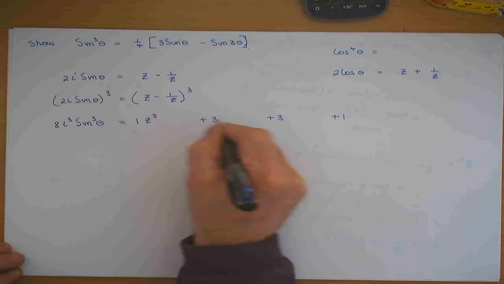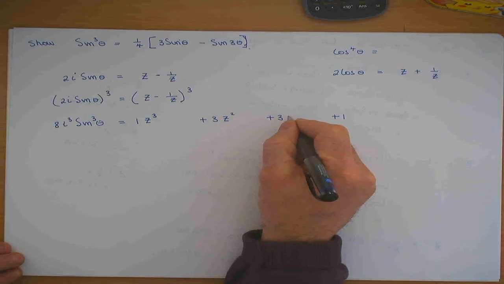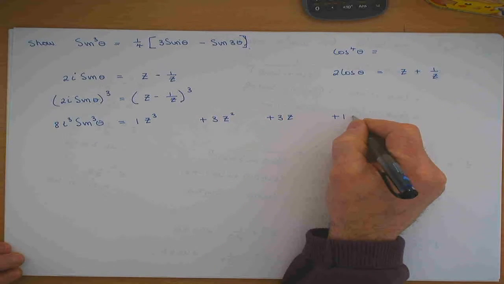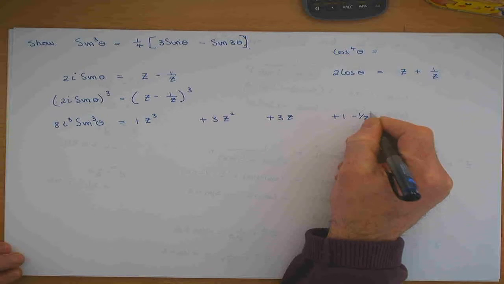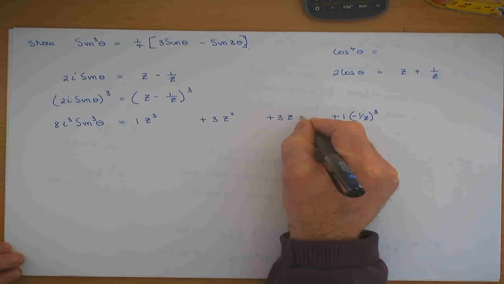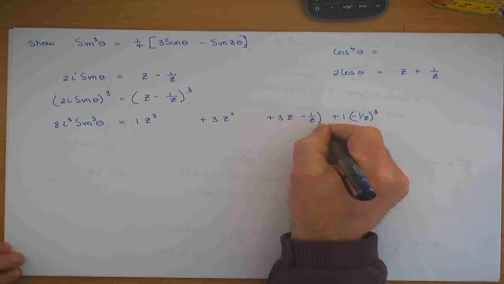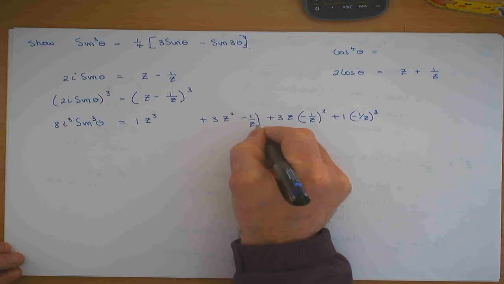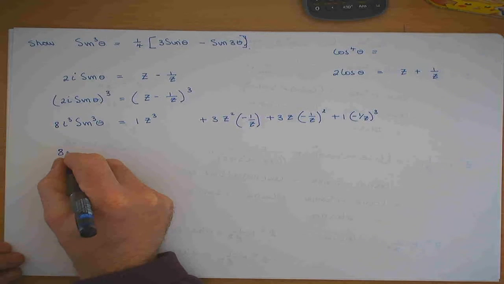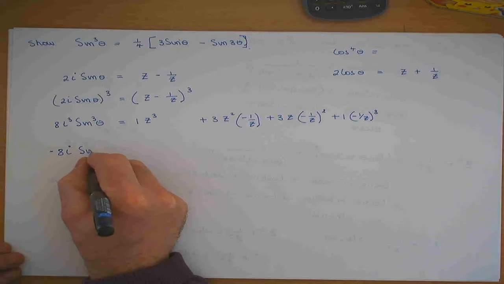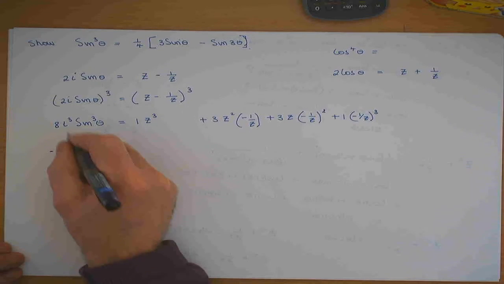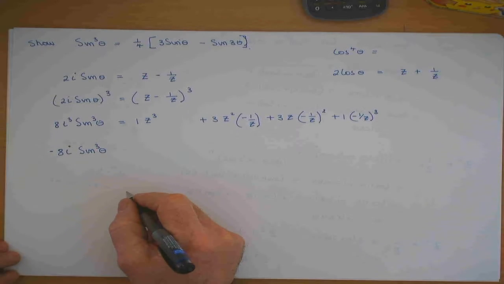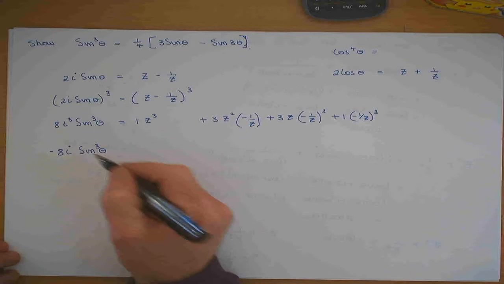Z cubed, z squared, z, minus 1 over z cubed, minus 1 over z squared, minus 1 over z. 8 iota cubed is minus 8 iota sine cubed theta. What did I do here to go from there to there?